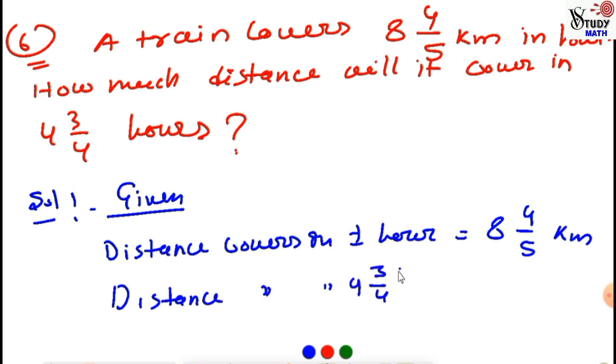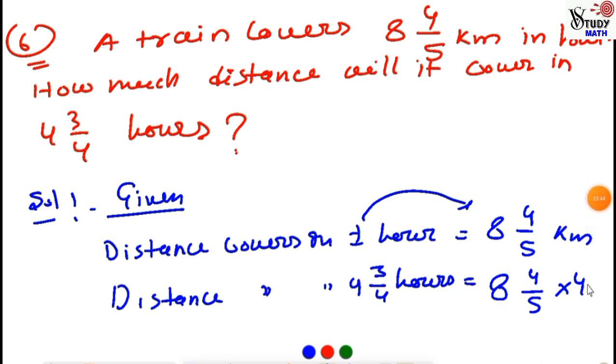So small unit value is given here, and we have to find larger unit value. Then we apply the mathematical operation. Which mathematical operation are we going to apply here? Multiplication. So 80 4/5 multiplied by 4 3/4. Let's apply this.